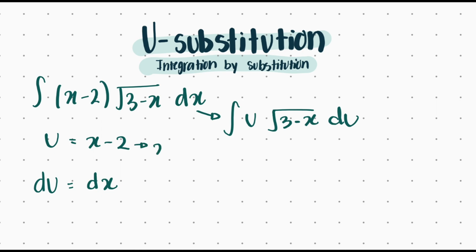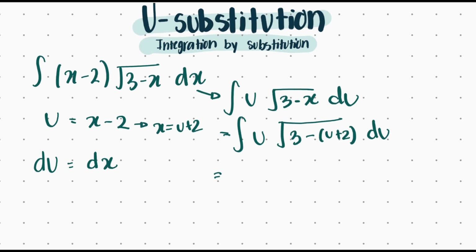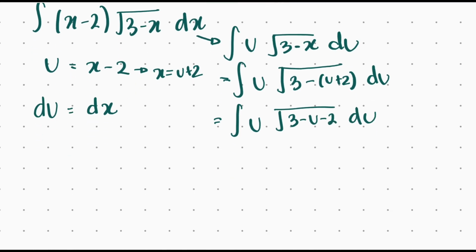We could say that x is equal to u plus 2. So now we can replace it in here. We get the integration of u square root of 3 minus (u plus 2) du. Let's simplify this. So we get integration of u square root of 3 minus u minus 2 du.